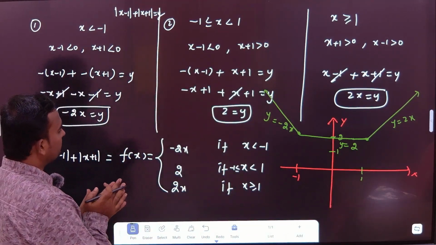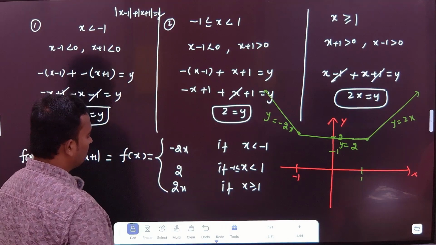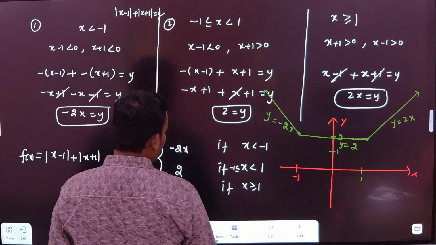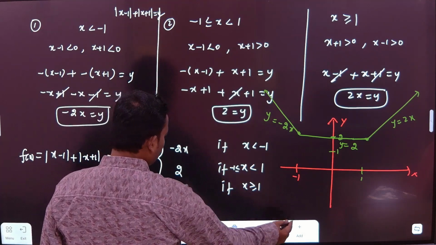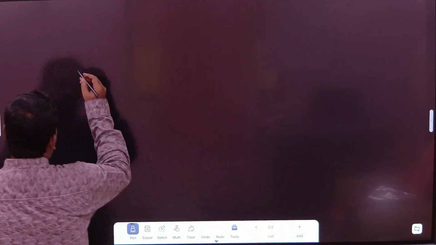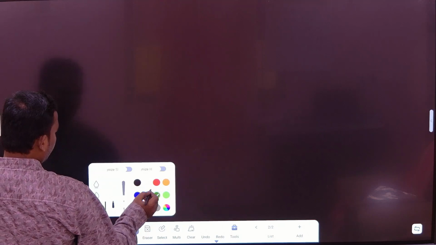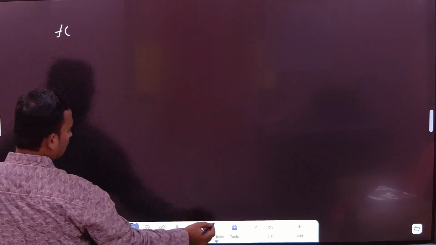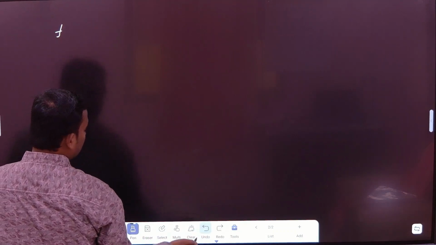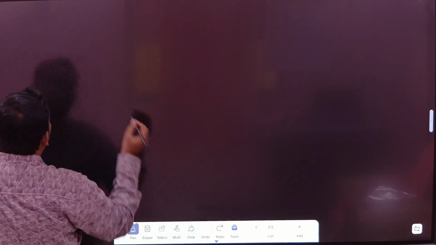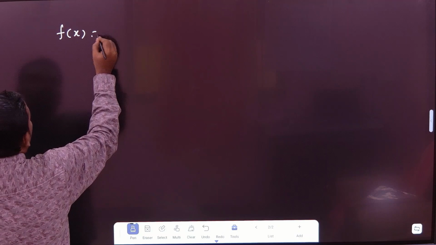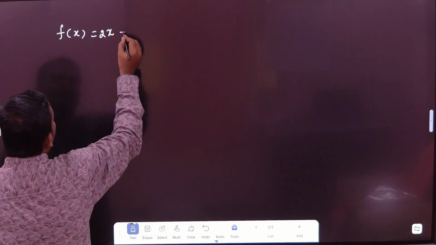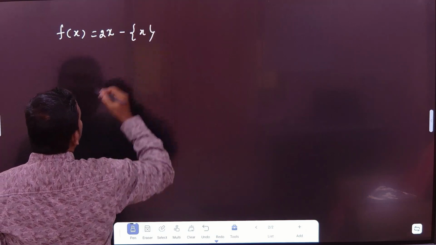Okay students, let me start with another graph. You can see another graph: f of x equals 2x minus the fractional part of x.